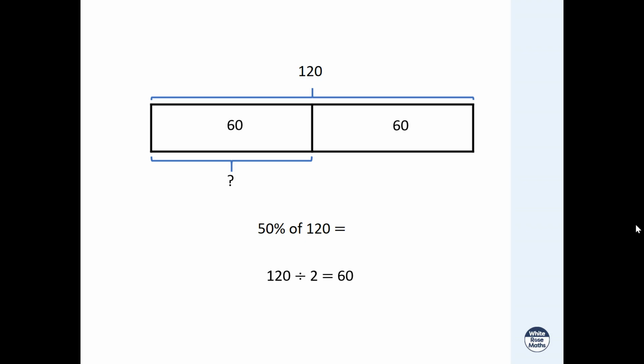So if we were going to half 120, 120 divided by 2, that would be 60. So we know that 50% of 120 is 60. So to find 50% of a number, what do I need to divide it by? I need to divide it by 2.